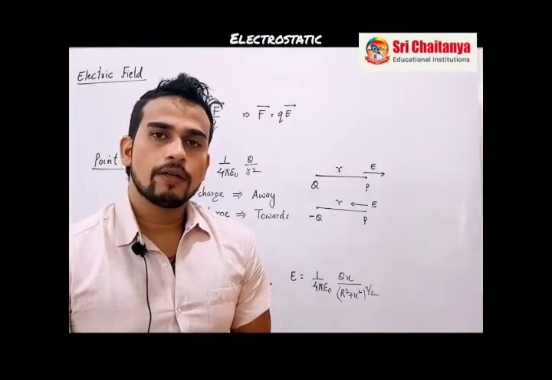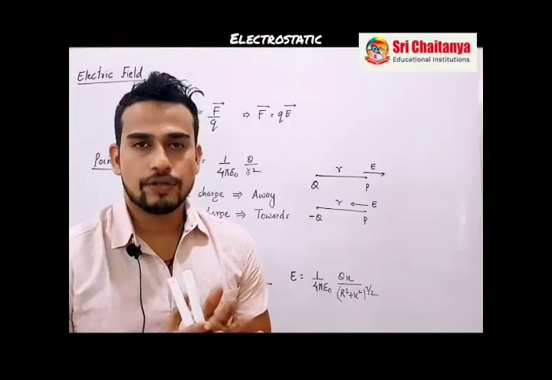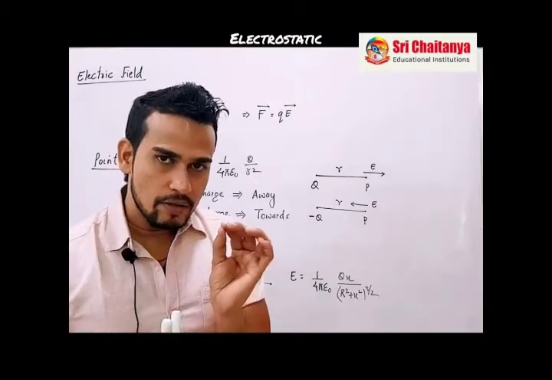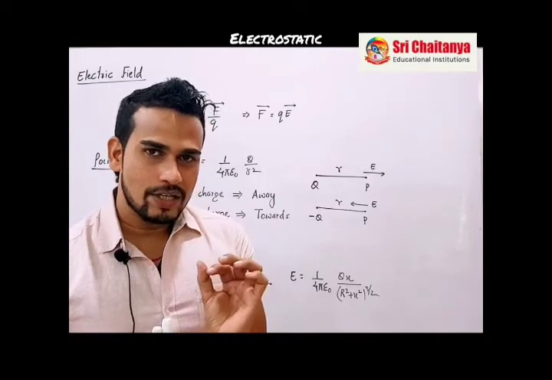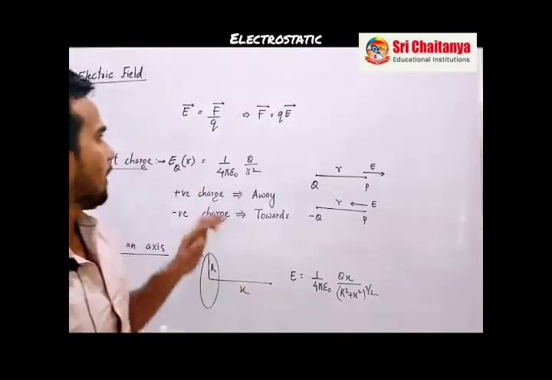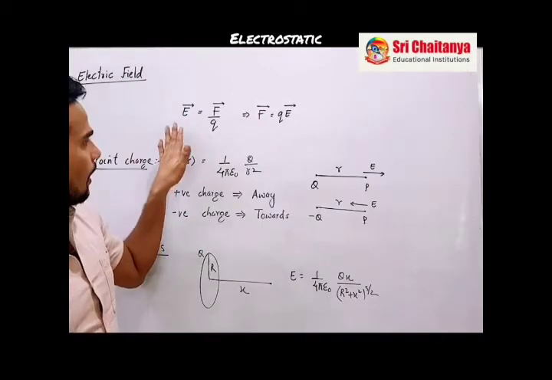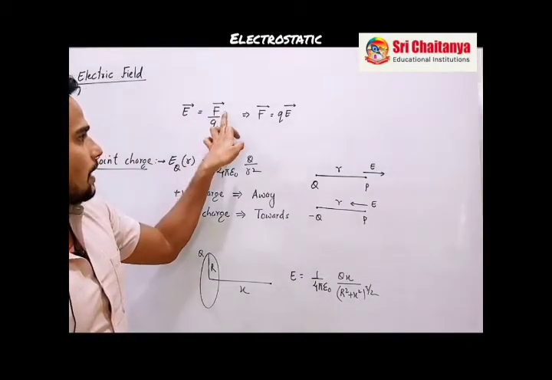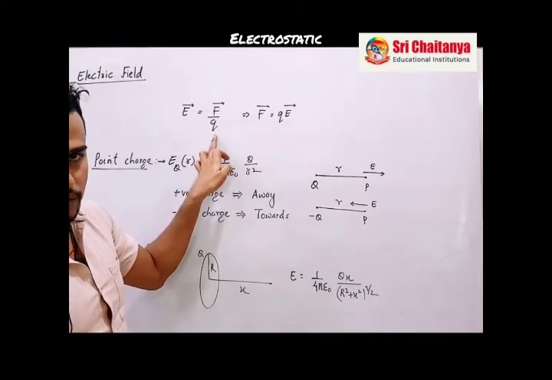Let's start with electric field. I think everyone knows, due to every charge and charge system, we get an electric field, and we define, as you can see, electric field as electrostatic force per unit charge.